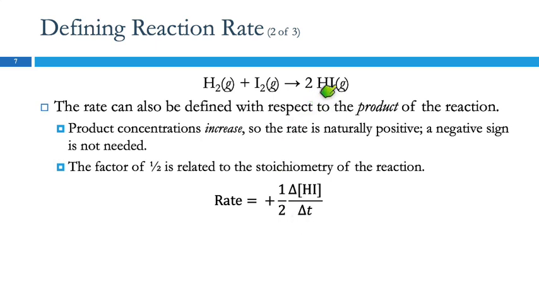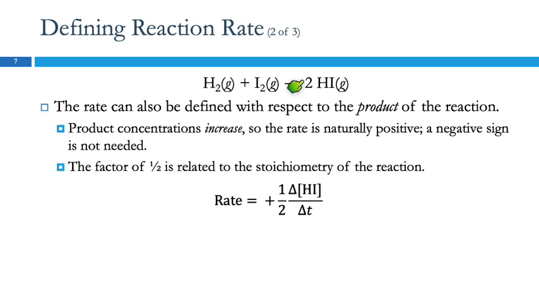But two of these are made for every one of those that gets used up. This rate needs to be the same as the other rates. We can only have one rate for a reaction. So we put this coefficient, this factor here of 1/2 in front of it so that we'll get the same rate as before.